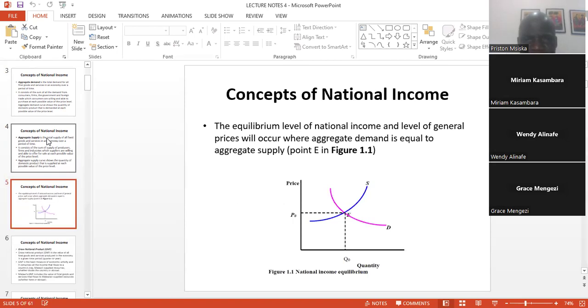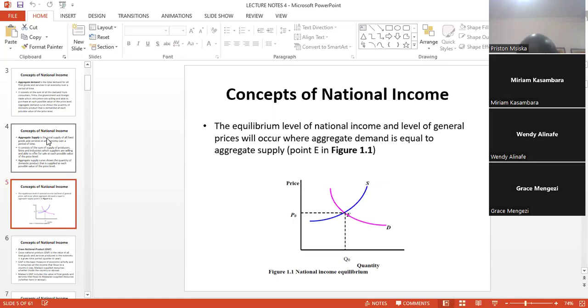So what you have in this slide, the current slide that is showing, is where we have supply and demand crossing. And where those curves are crossing is the clearing price and clearing quantity. So you have the equilibrium price and equilibrium quantity.